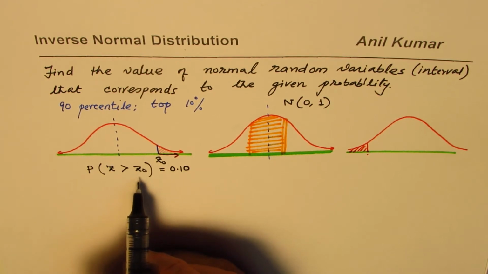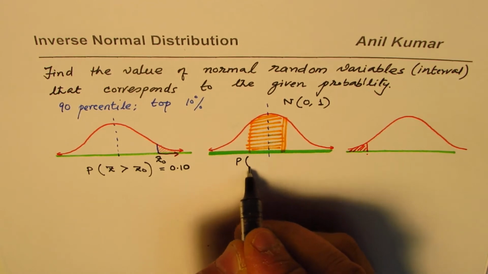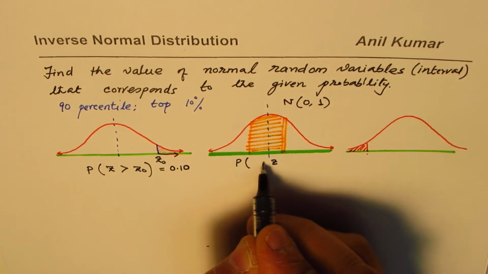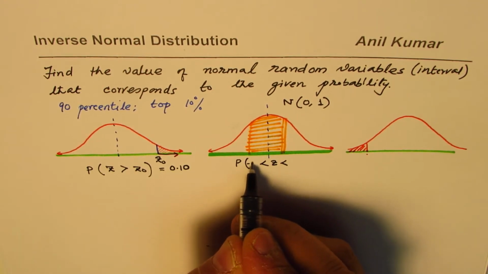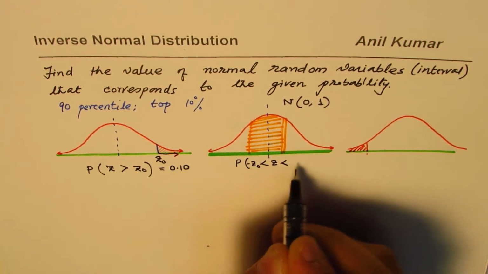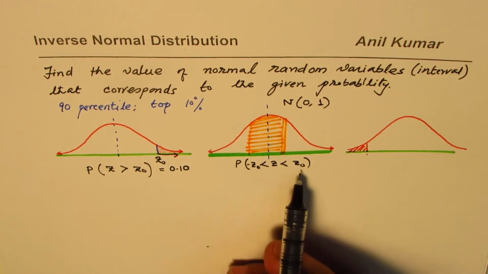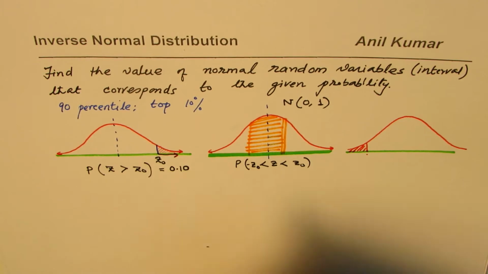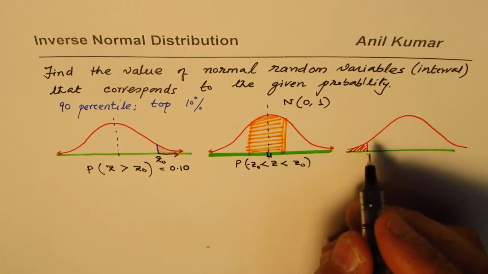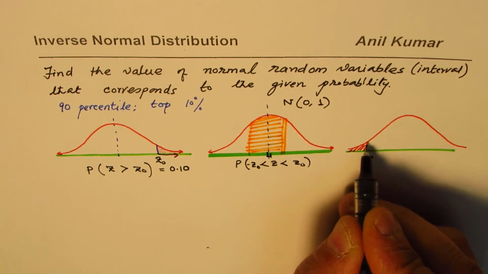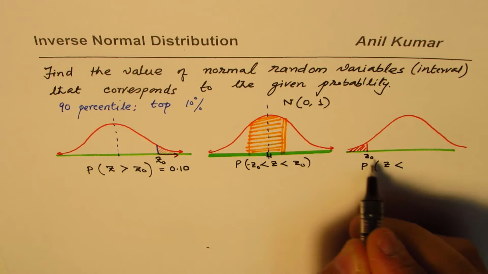You understand, right? In the next case, what we could look for is the probability when the Z-score is between two numbers. These two numbers are minus Z0 and plus Z0, symmetric about the mean, which is 0 for us. And in this case, our probability could be where Z is less than that number.